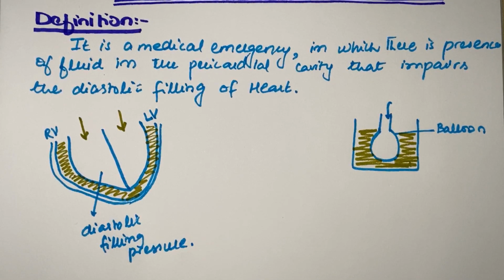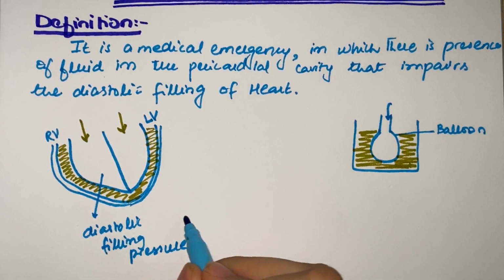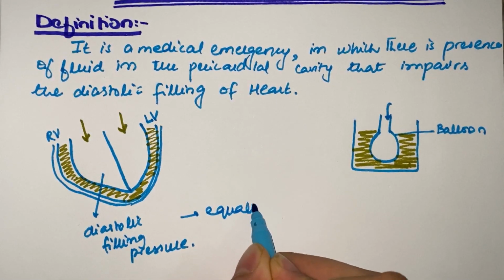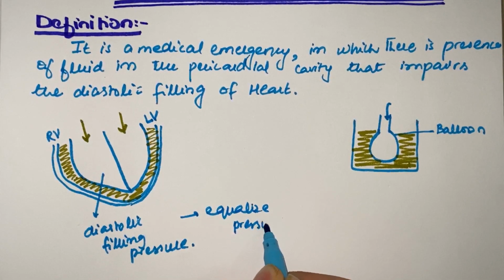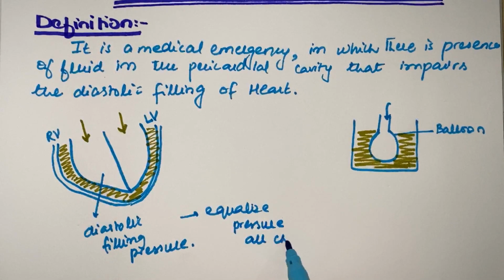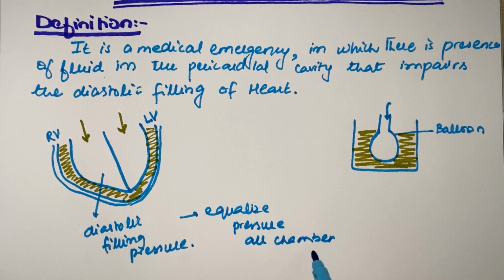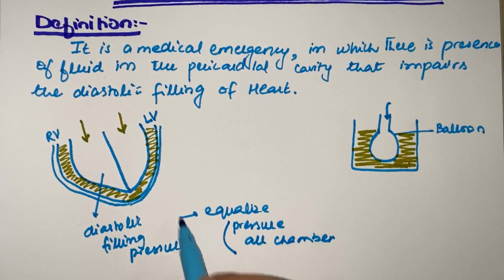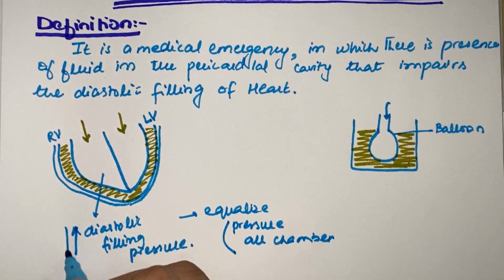So the pressure inside the ventricle will increase, and when this pressure increases, it will equalize across the ventricle wall. To prevent itself from rupturing, it will equalize the pressure in all chambers of the heart, because the ventricle has no other option; it can't dilate properly because of the fluid in the pericardial cavity. So first of all, diastolic filling pressure is increased.